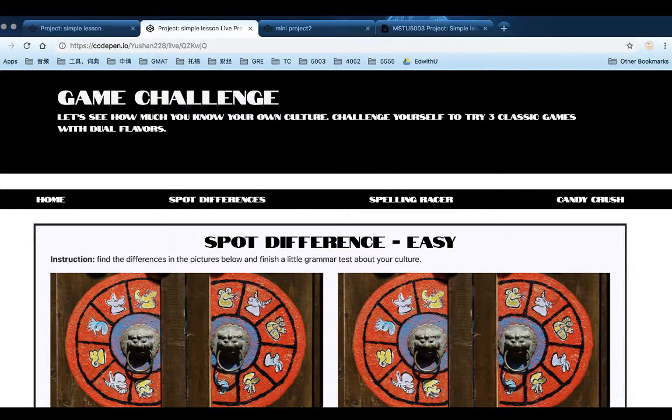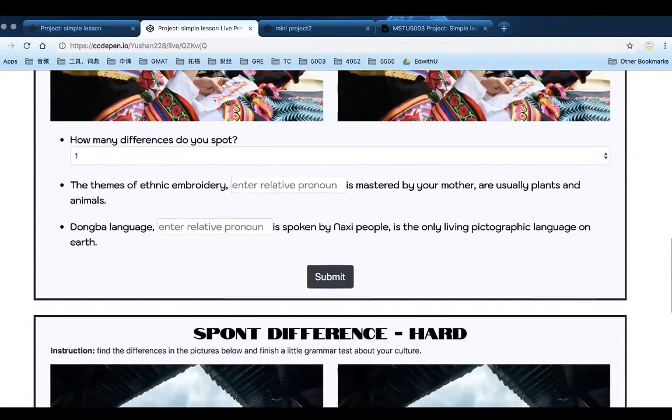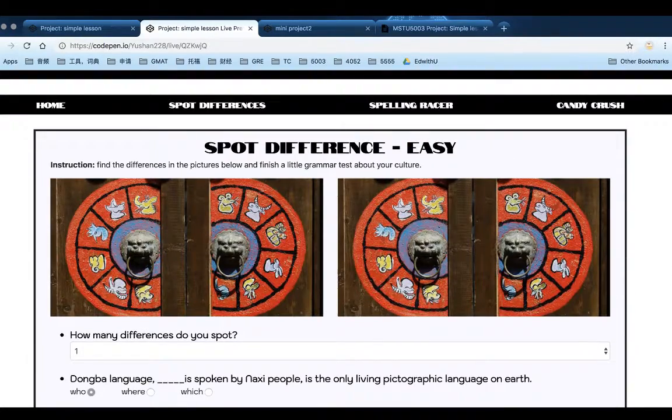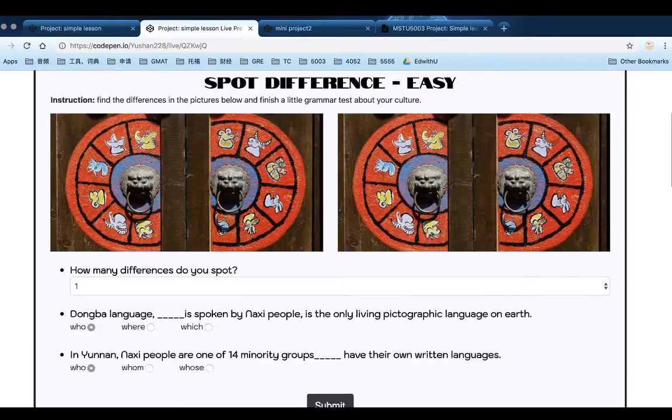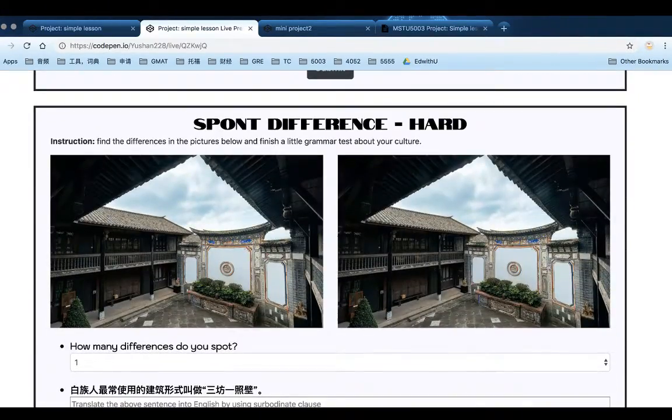The game is divided into three levels: easy, medium, and hard. In each level, students are invited to find differences in pictures, all about ethnic group features such as language, clothes, garments, and architecture.